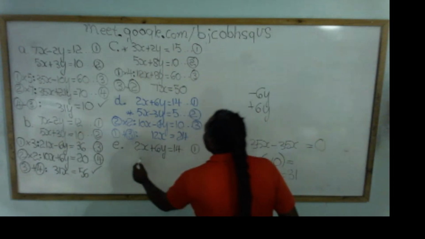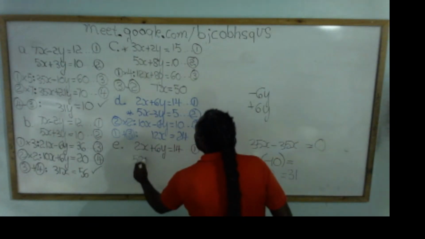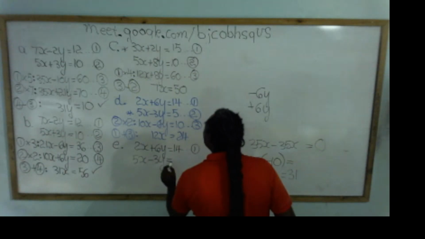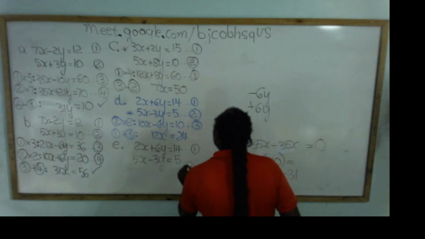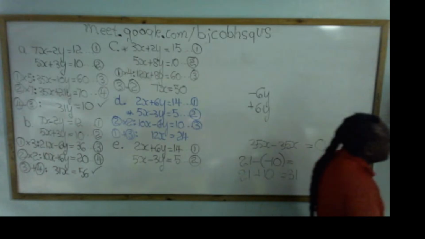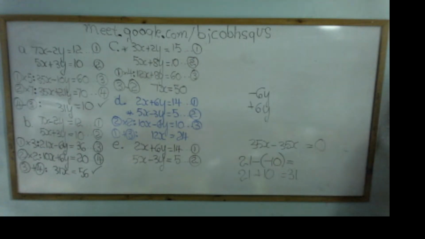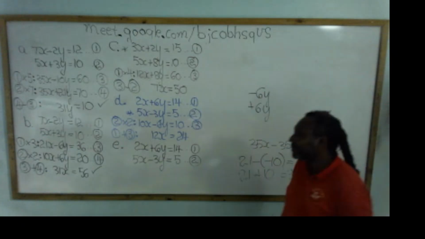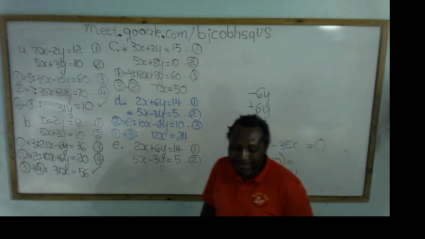The same thing. 5x minus 3y is equal to 5. And that's your equation 2. So it is the same system of equations that we have there. What do I say this time around?